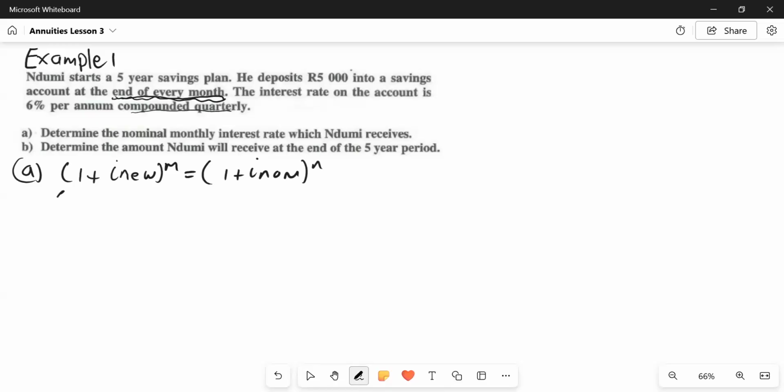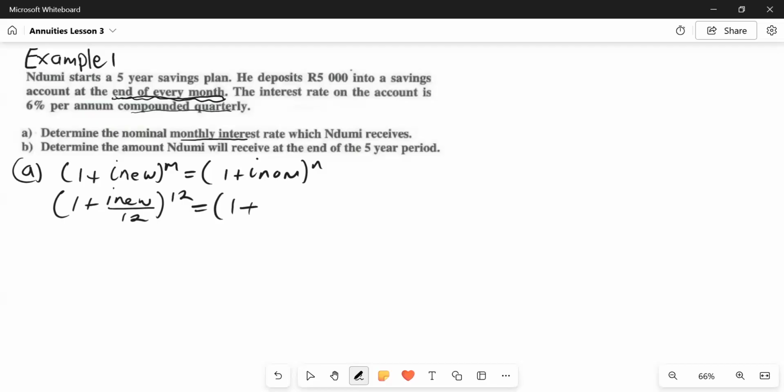So now you have your 1 plus i new divided. Determine the nominal monthly interest. So we divide by 12. Because of monthly, we use 12 there.